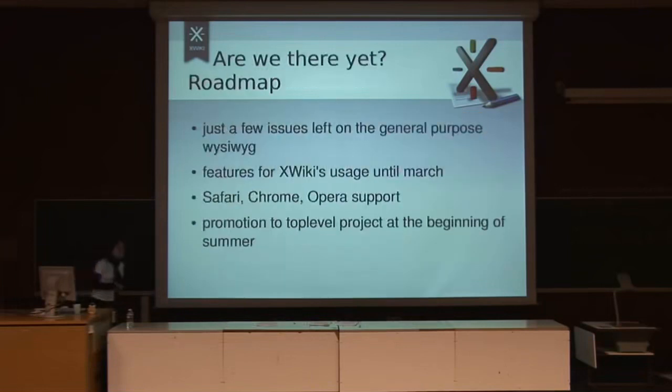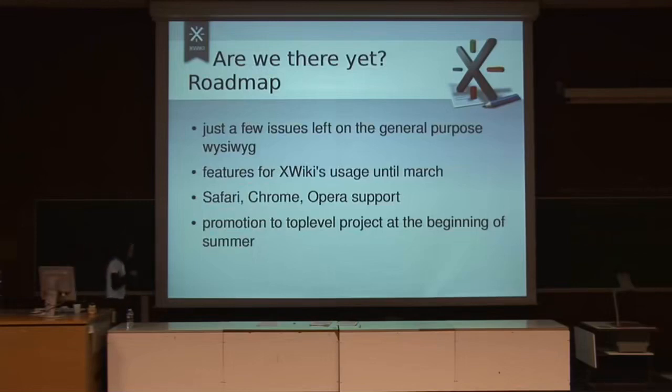What are we trying to do next? We have a few issues left on the general purpose WYSIWYG, so just a few bugs on the WYSIWYG editing, the general purpose one, not the XWiki specific one. We have a lot of features for XWiki's usage that we want to finish until March because we have a nice release then. We need to take care of the other browser support.